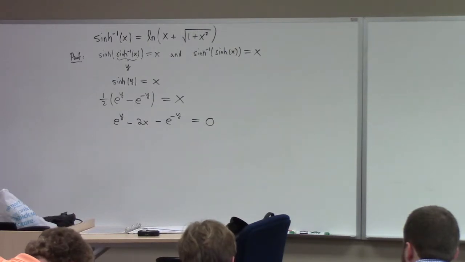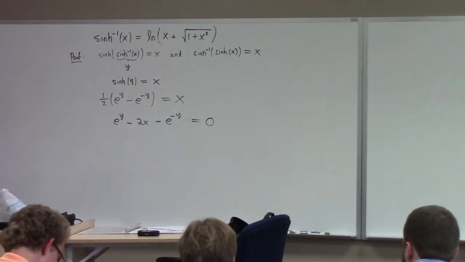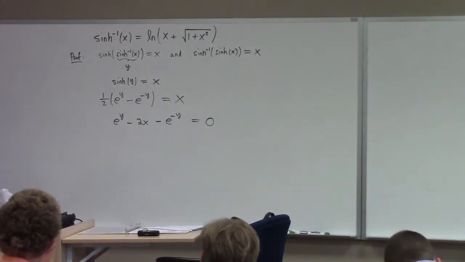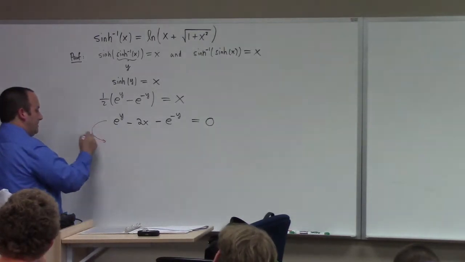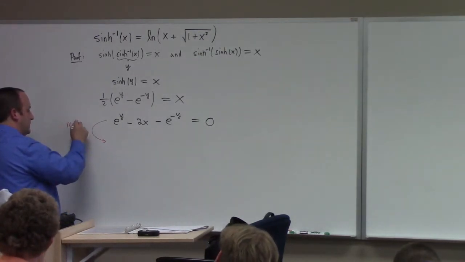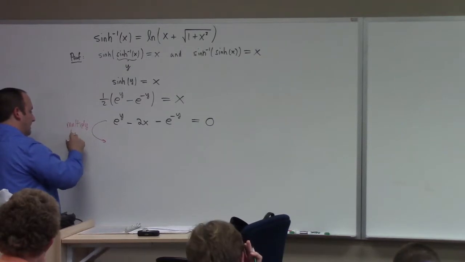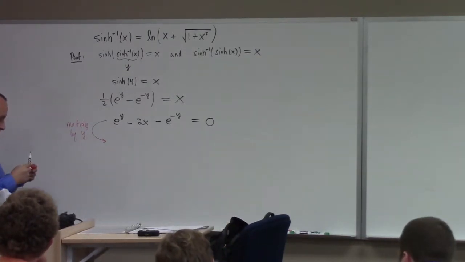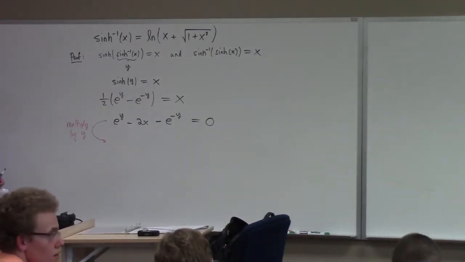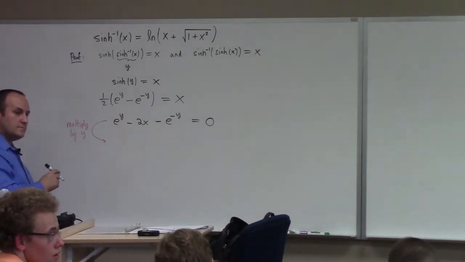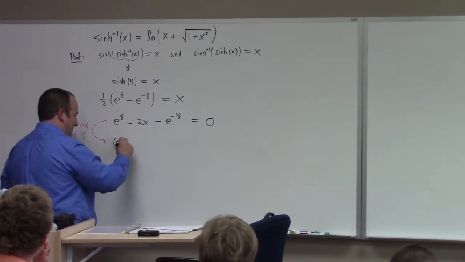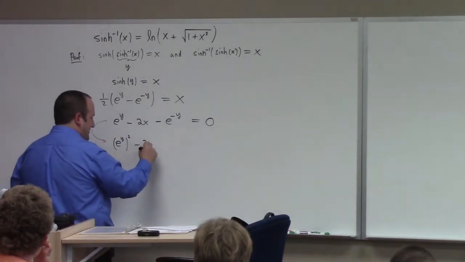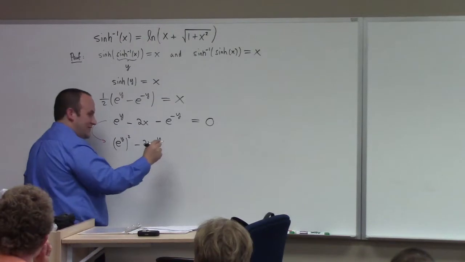Now you just have to have a little bit of imagination. To solve this kind of equation for y, what you have to do is you multiply by e to the y. Why would I multiply by e to the y? What would that do for us? I take that to mean that that would give us e to the y squared minus 2x e to the y minus 1, right?